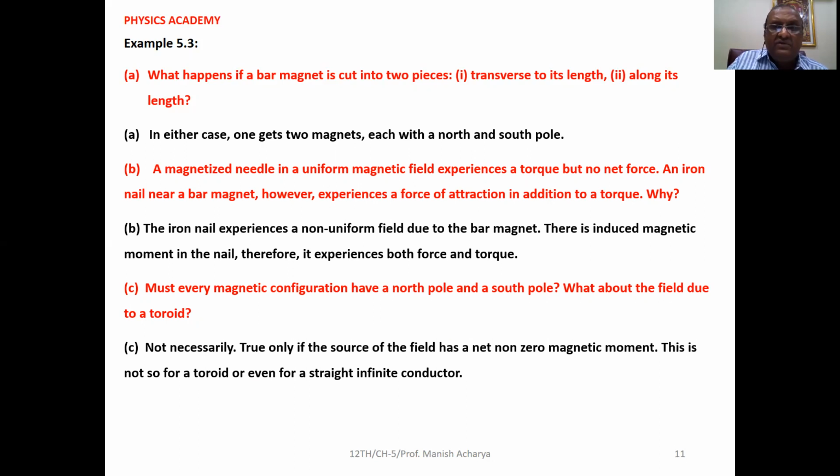So in that, north and south poles are not there. Only if the source of the field has a net non-zero magnetic moment will north-south poles be there. Otherwise, not. Clear up to this one?